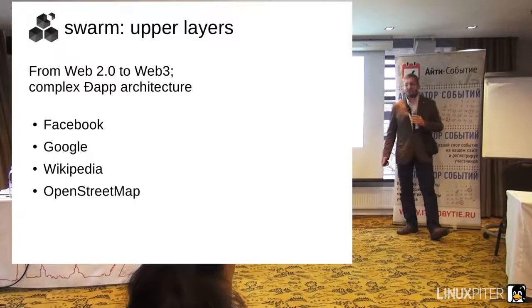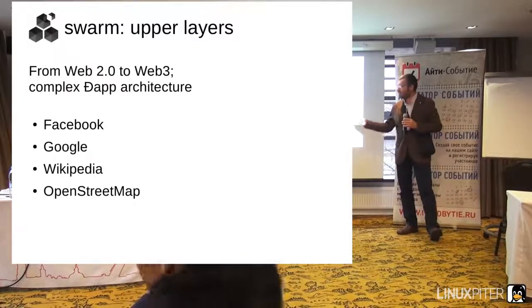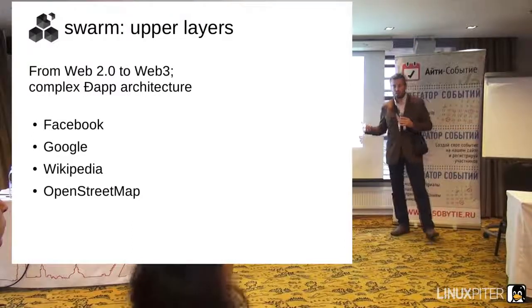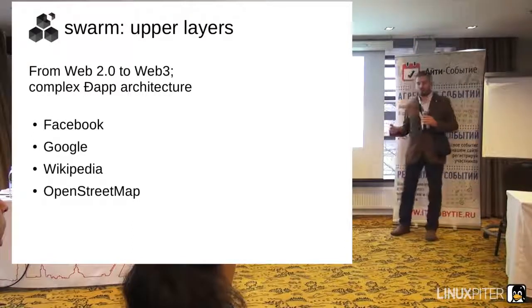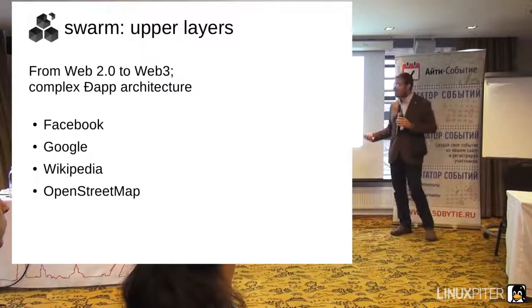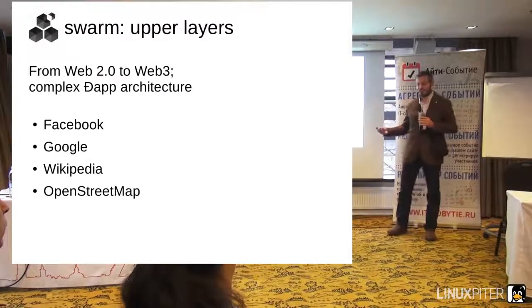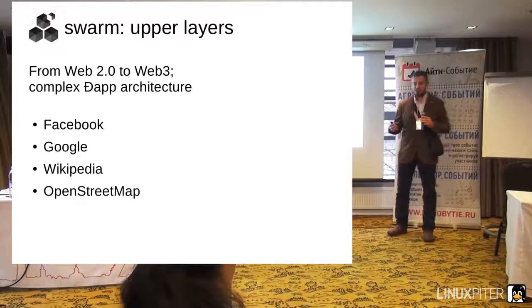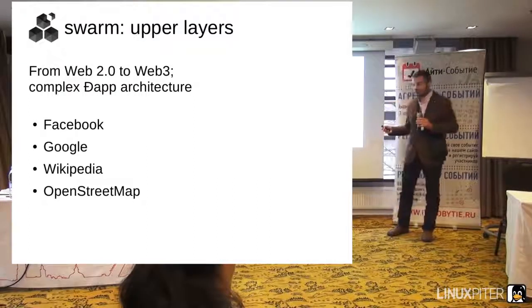Now, data sets like Wikipedia and OpenStreetMap are interesting because the way they are implemented in Web 2 is actually quite efficient. Both of them have some claims about reality which are actually quite subjective.